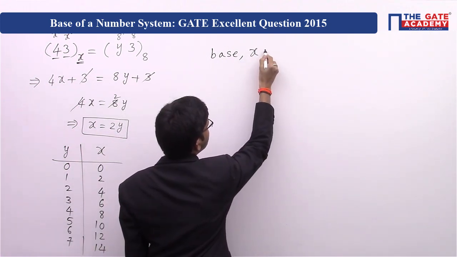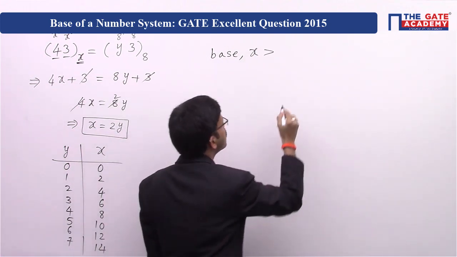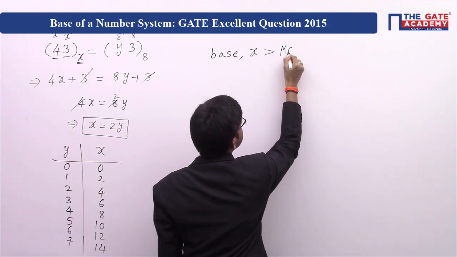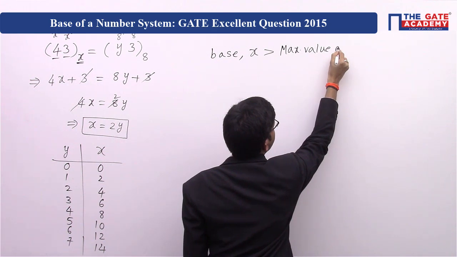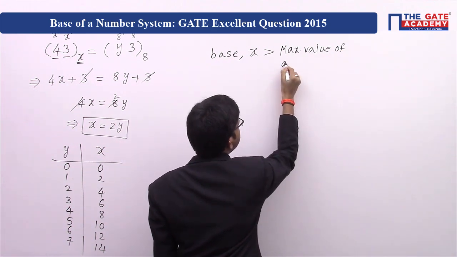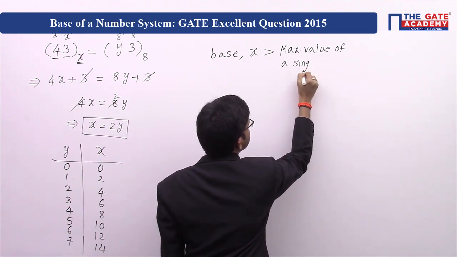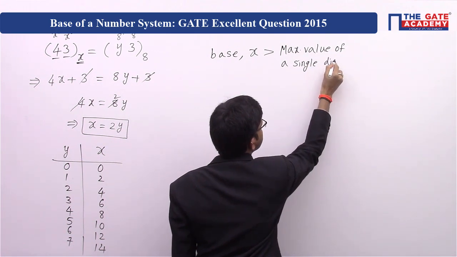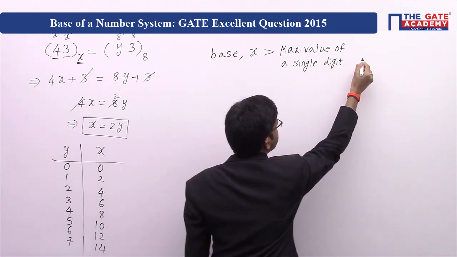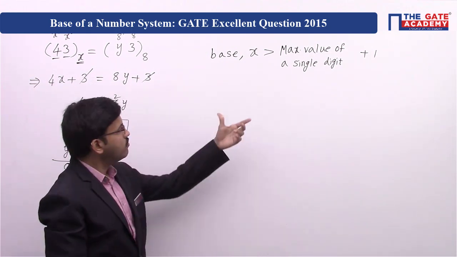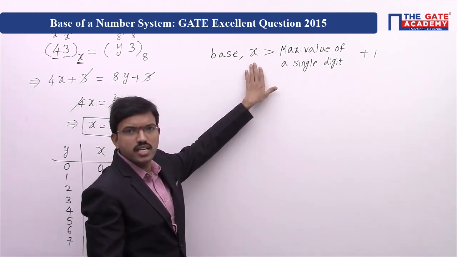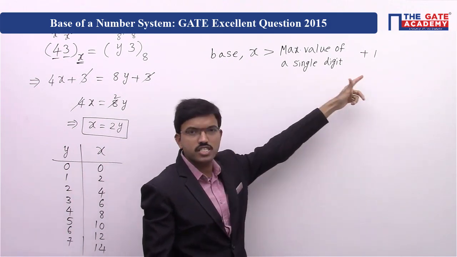Base x should be greater than the maximum value of a single digit plus 1. Base should always be greater than the maximum value of a single digit plus 1.